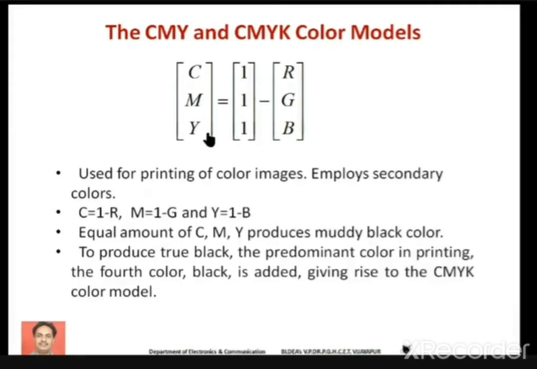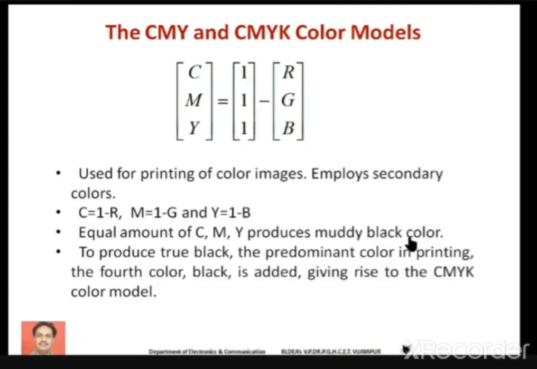Okay, we discussed that it is mainly used for printing of color images. However, when we mix these three colors, CMY, that is cyan, magenta, and yellow, in equal proportion, it will produce the black color. But the black color produced by mixture of these three will be a muddy black color.